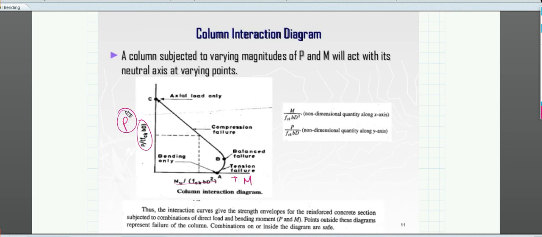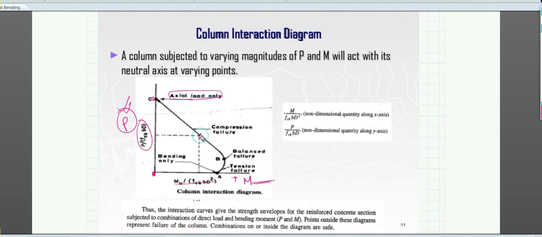When the moment is zero, we have the maximum value of P, the axial force, so there is only axial load over here. Then as we go on this side, the moment goes on increasing.